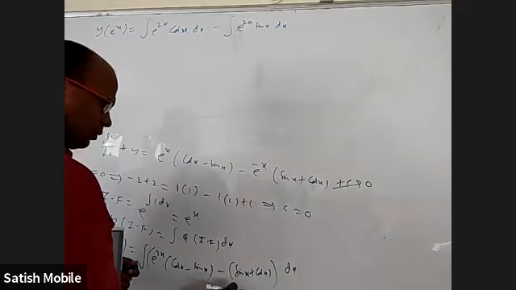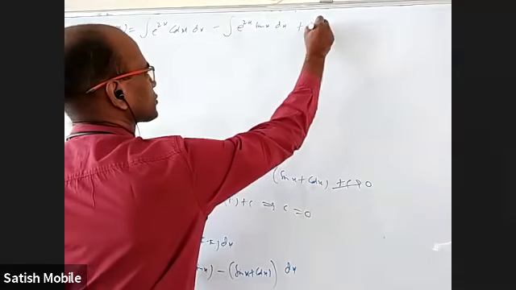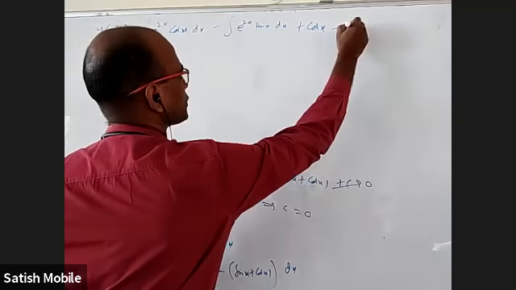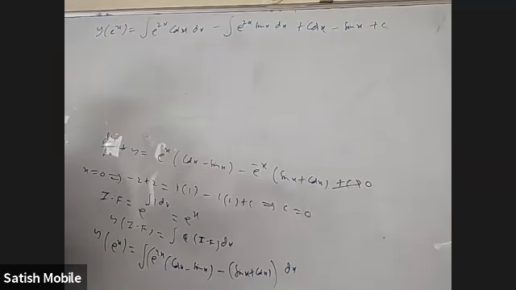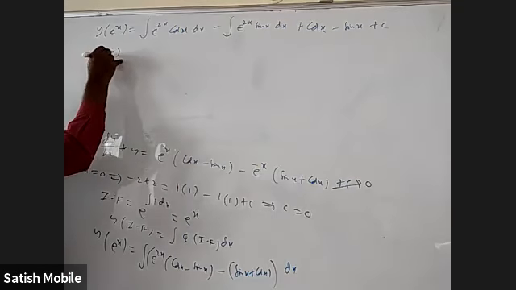This is simple. Minus sin x integral is cos x, minus cos x integral is minus sin x, plus some other constant c. Okay, y into e power x.